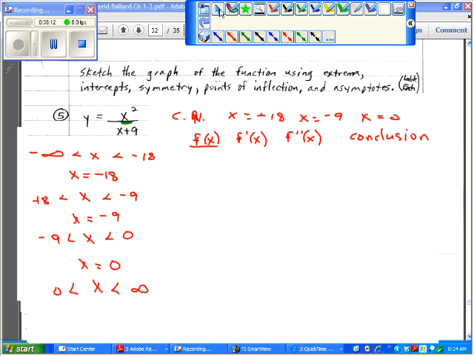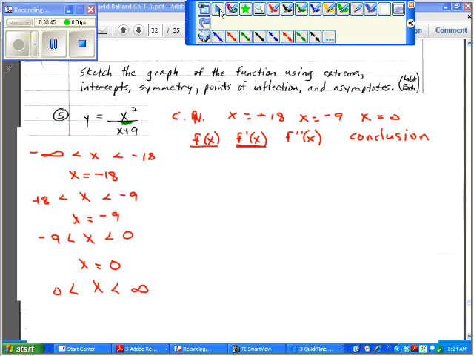Now, we want to pick something within this interval of negative infinity is less than or equal to x, which is less than or equal to negative 18. If we were to plug in f prime of negative 20, so on this one I'm doing f prime negative 20 for the first interval. We just plugged it into f prime.